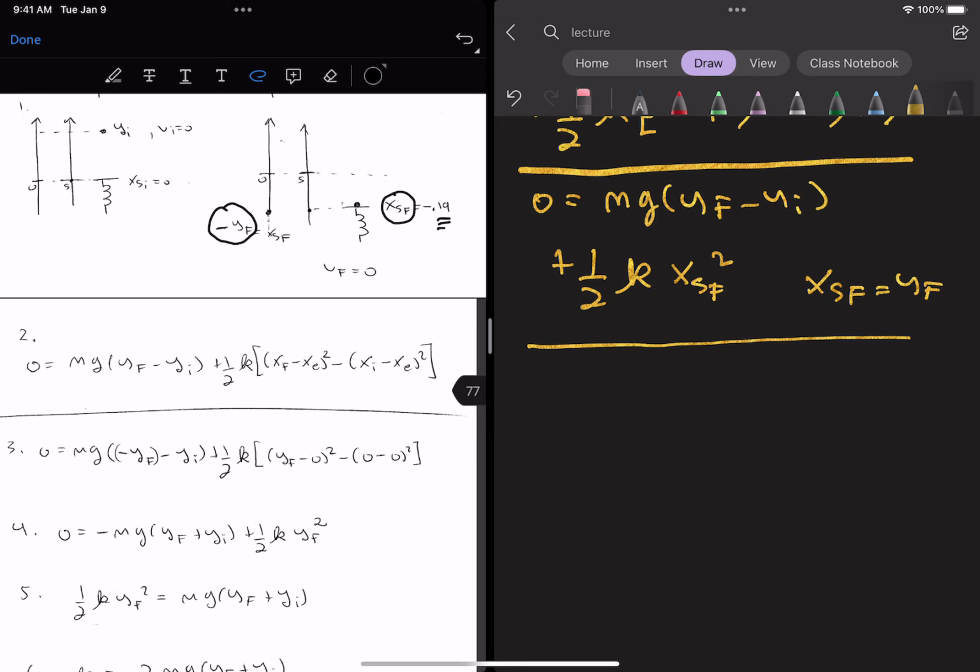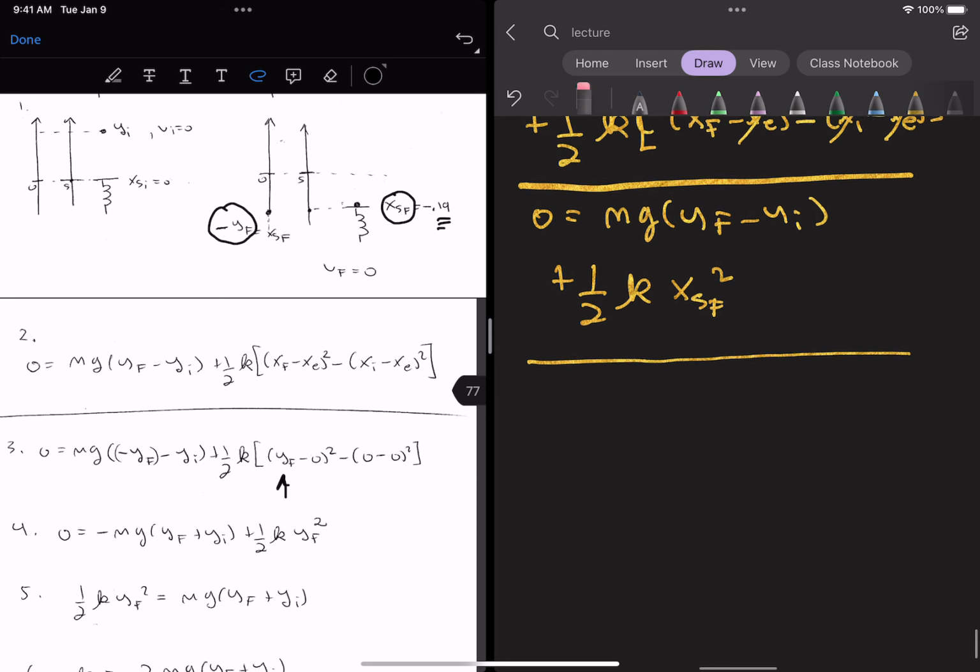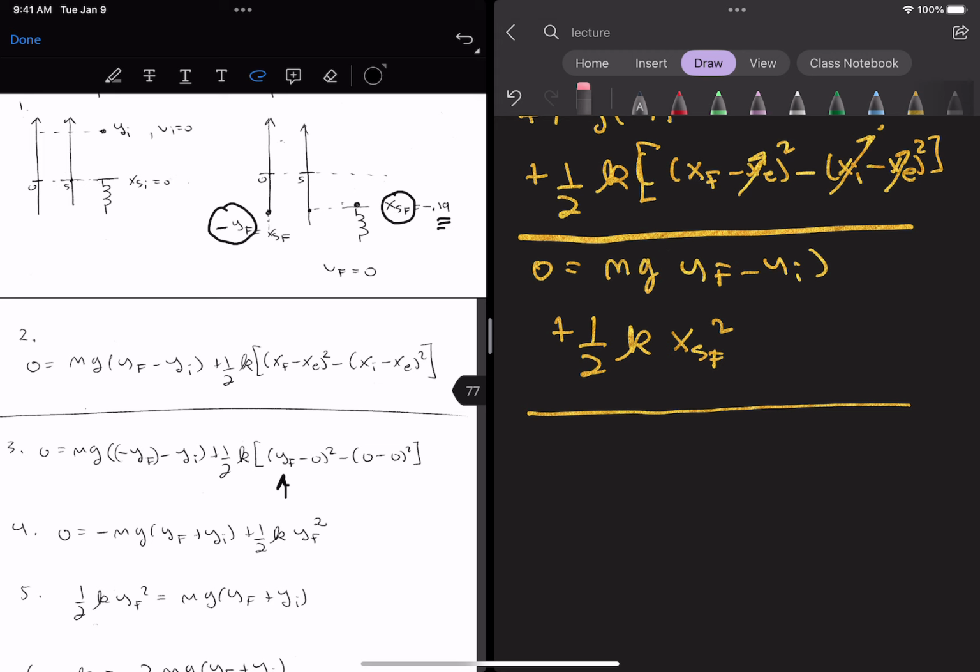And y final, I'm going to make that a negative, because the final position of the spring is below the horizontal. So it should be negative y final. For this term here, the final position of the spring is the same as the final height of the ball. Technically they're both negative, but because of the power of 2, I'm going to ignore the negative.